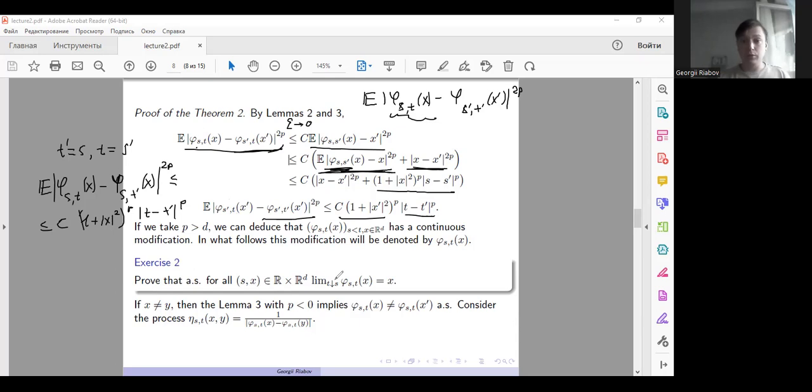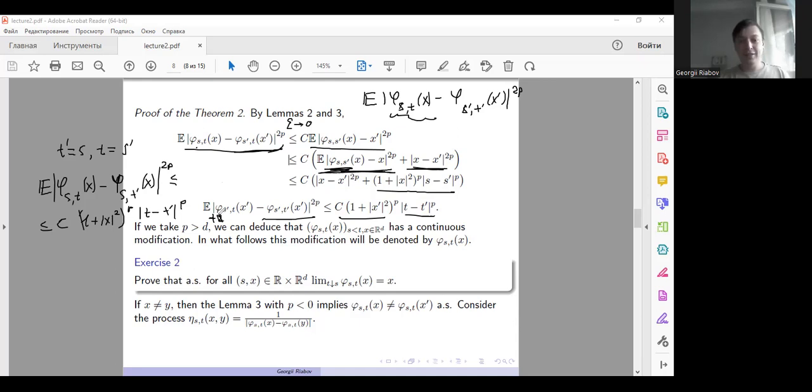So the theorem is proved. As mentioned, if we take p bigger than d, actually it's not correct. p must be bigger than d plus 2.